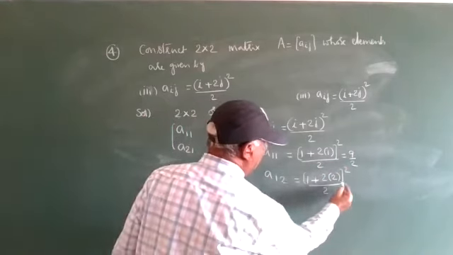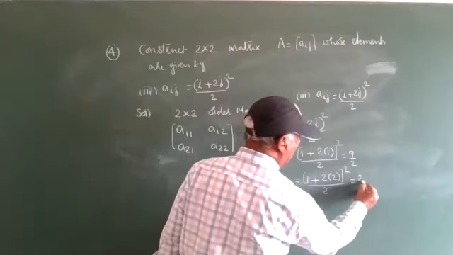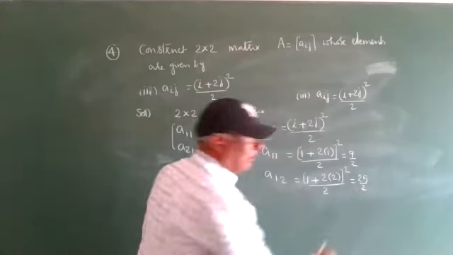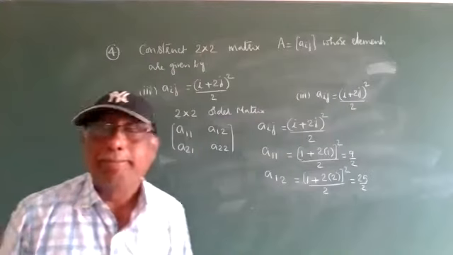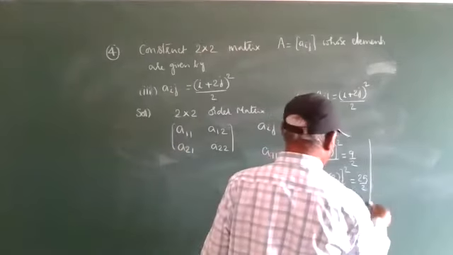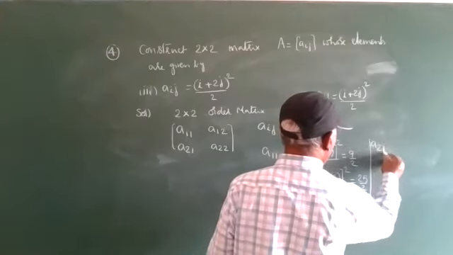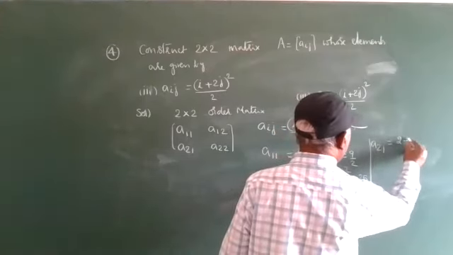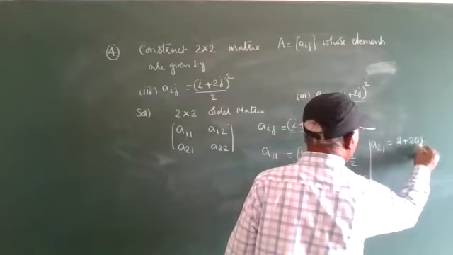Its value is 25 by 2. Correct? Very good. A21: i place is 2, j place is 1, square.